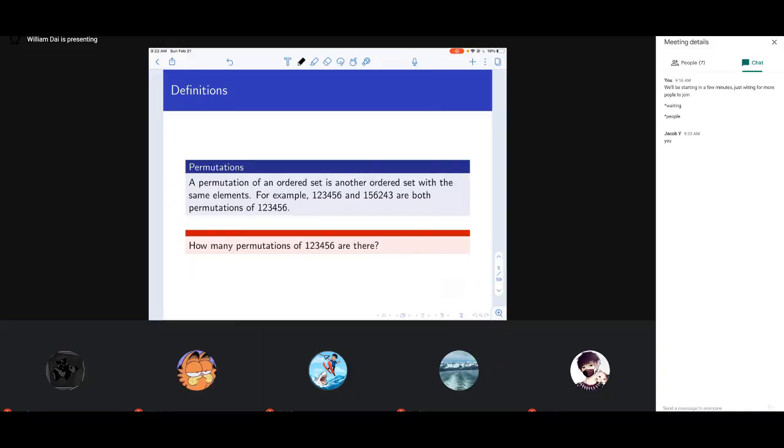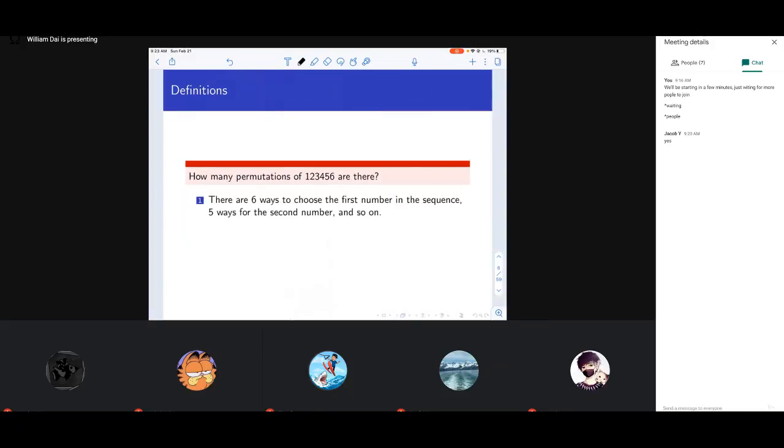A permutation of an ordered set is another ordered set with the same elements. A permutation of 1, 2, 3, 4, 5, 6, the first 6 positive integers, looks like these 2 examples here. The obvious question: how many permutations are there of 1, 2, 3, 4, 5, 6?